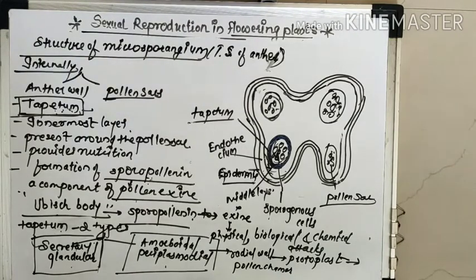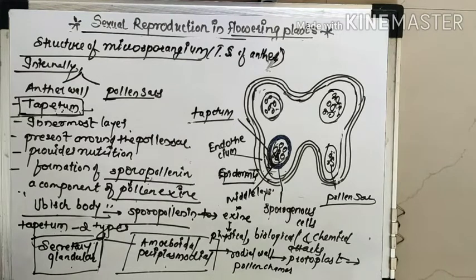Now this protoplast fuses to form a periplasmodial structure, or they form a periplasmodium. That's why this type of septum is known as amoeboidal or periplasmodial septum. Understood or not?